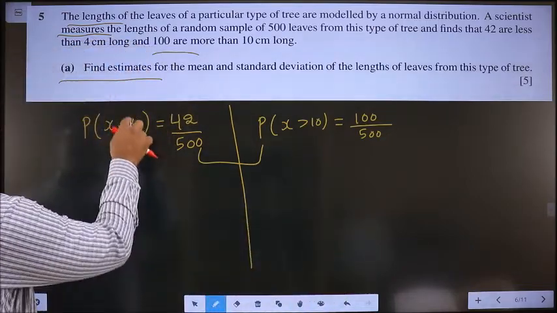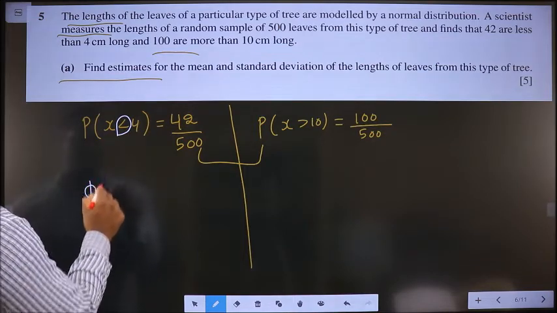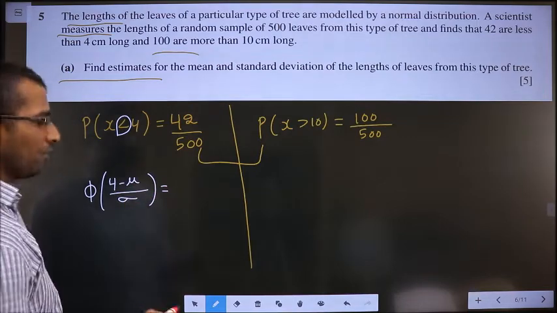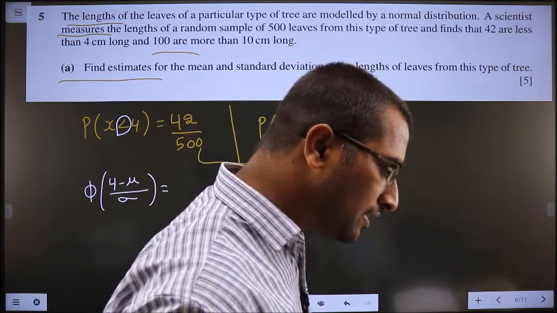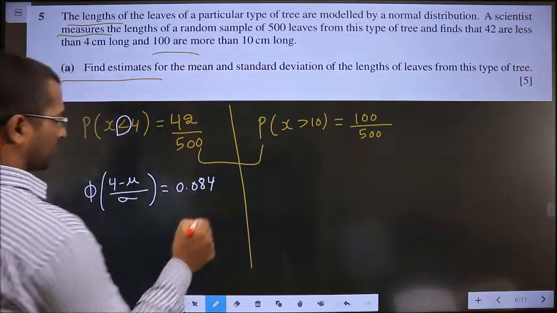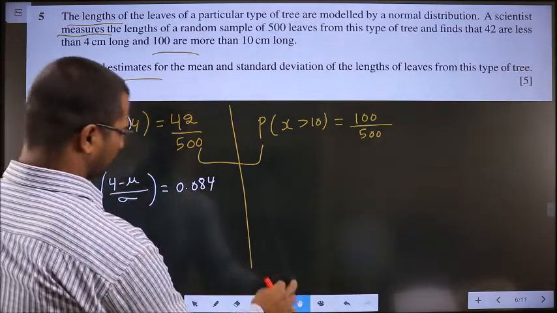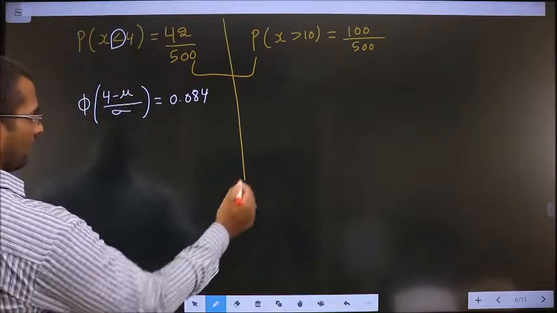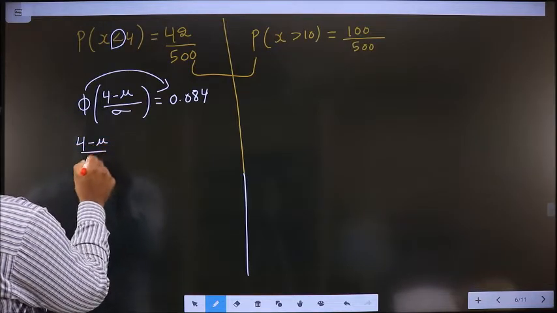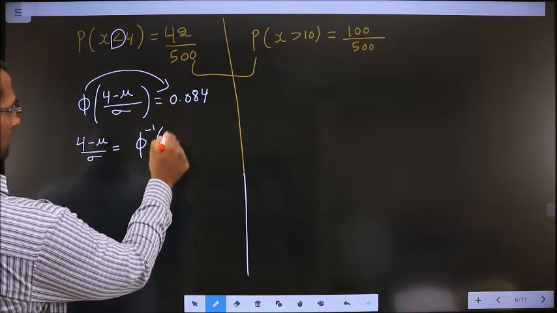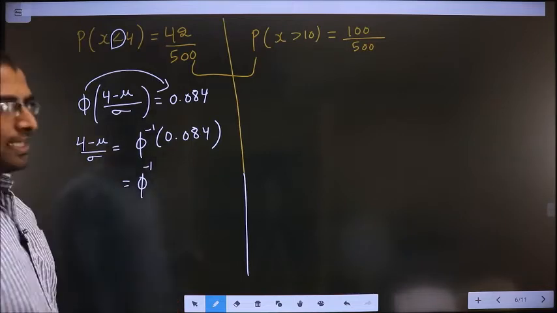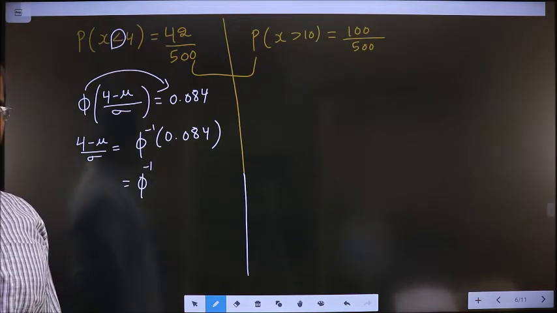Here it's already less than symbol. So directly phi will come into play. Phi of 4 minus mean by standard deviation is equal to 42 by 500 is 0.084. Okay. Next, shifting phi to the other side. So 4 minus mean by standard deviation is equal to phi inverse of 0.084. In the normal distribution table, our value starting from 0.5.